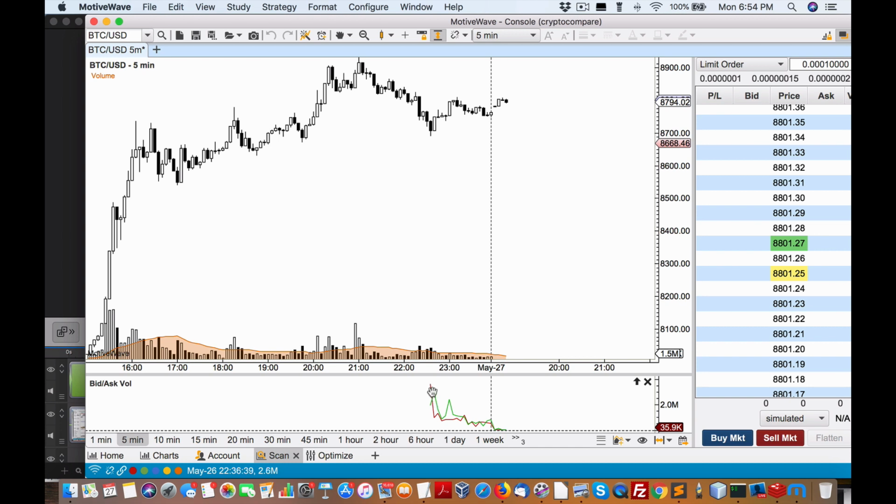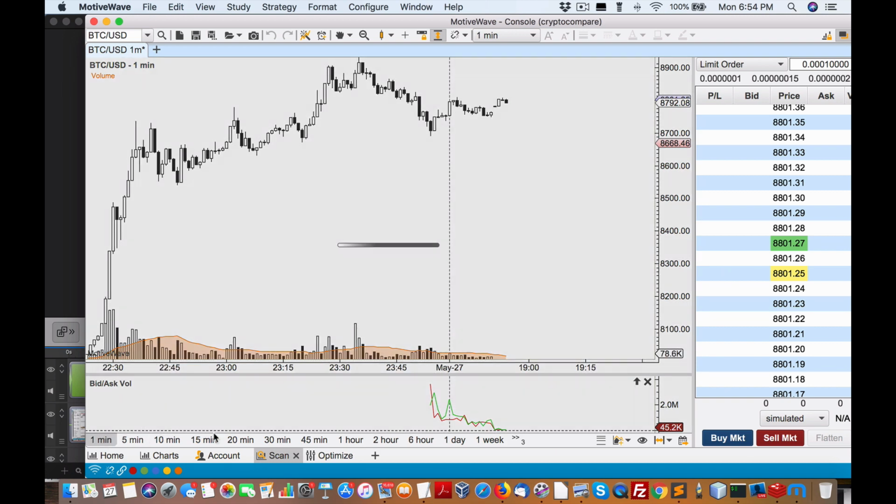The ask is higher just about right here, and both the ask and the bid drop off. And then once this ask right here gets driven up, so does the price. It seems to work okay on the 1 minute.